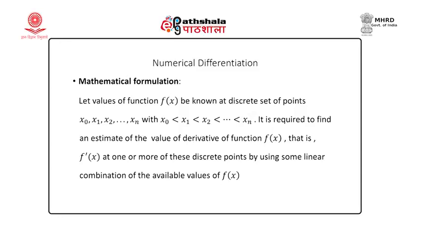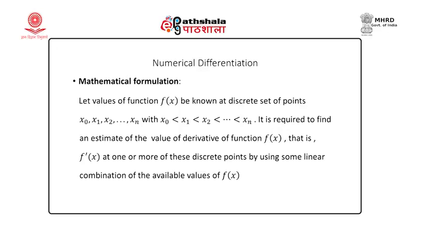Let us come to the mathematical formulation of numerical differentiation. We are assuming that we know the values of the function at a discrete set of points. Let us call those points x0, x1, x2, ..., xn. So, n plus 1 points, and all these n plus 1 points are distinct. Let us order them, so x0 is less than x1, less than x2, less than ..., less than xn.